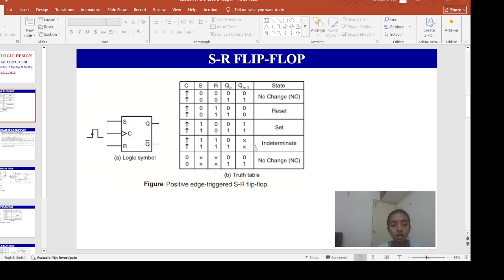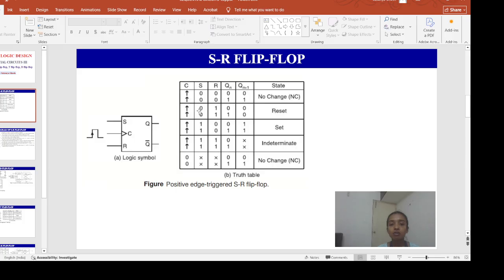The basic operation is described in the truth table. The up arrow means the clock signal is high. When both S and R are 0, whatever the present state, the next state will be the same, no change, because I haven't applied any input.